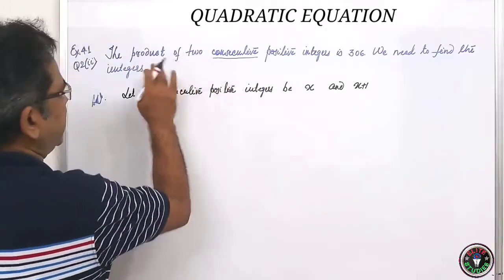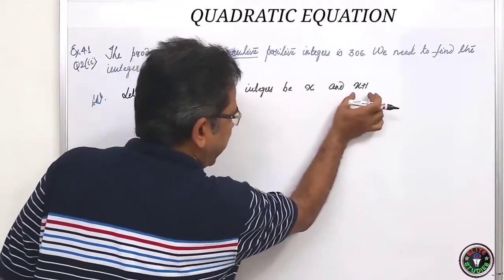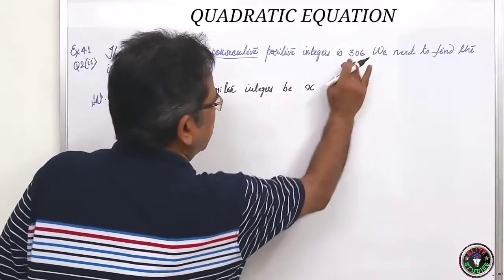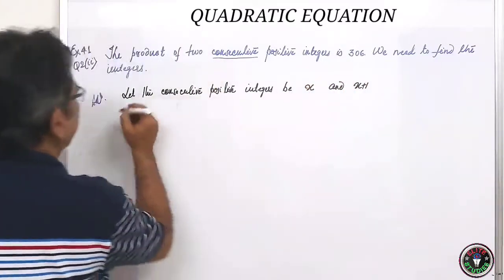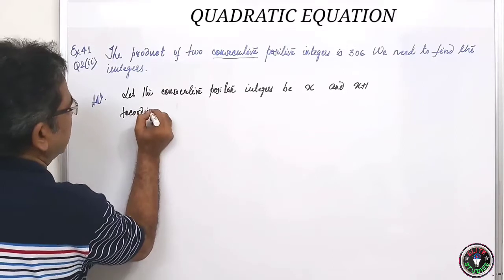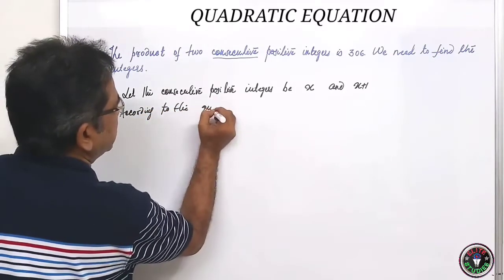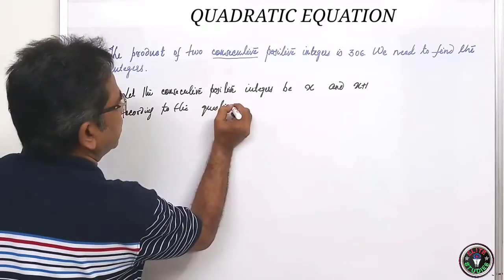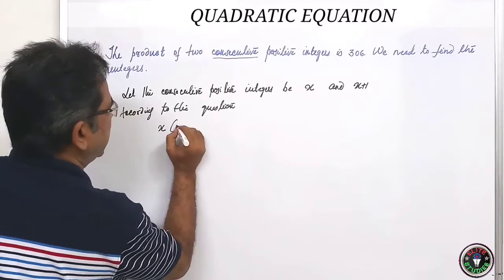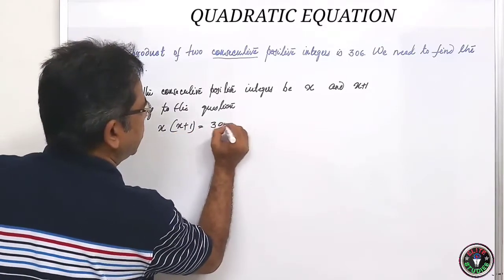Now, what is the condition? Once you have considered these consecutive numbers to be x and x plus 1, the product, multiplication, should give 306. So, according to the question, x into x plus 1 is equal to 306.